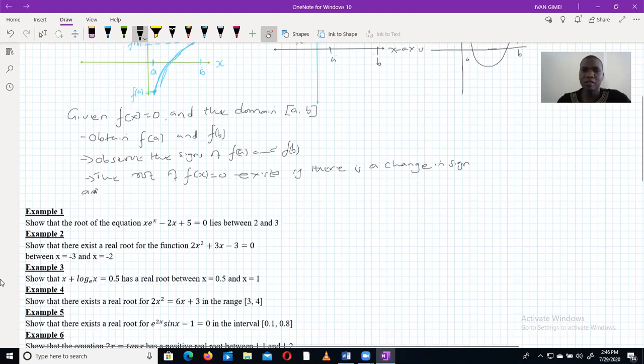So sometimes this is what we do. How would we conclude if the root exists? We have a clear conclusion.